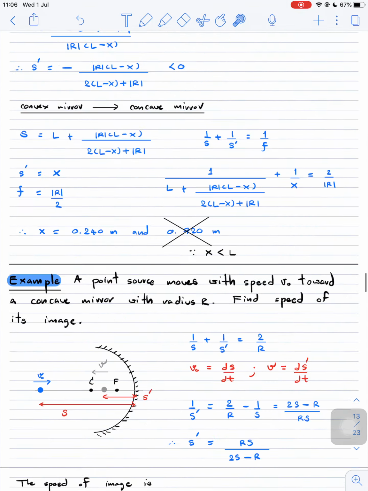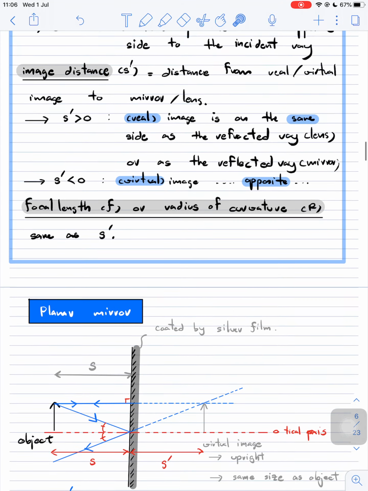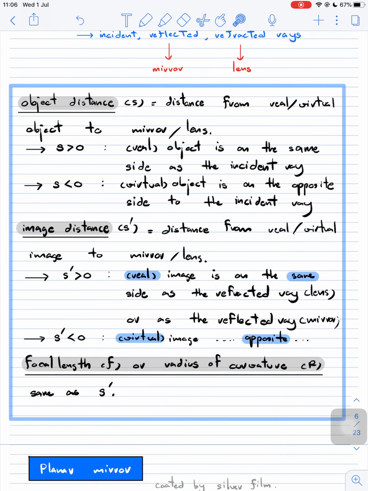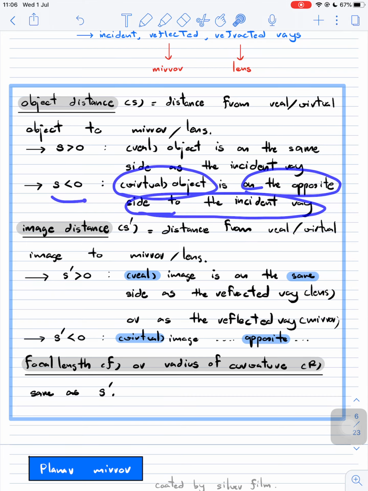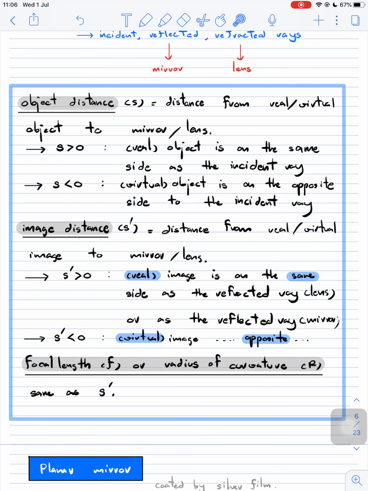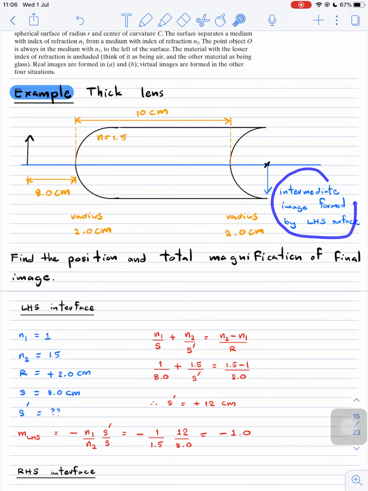So from the sign convention, we said that if the object is on the opposite side as the incident ray, it means that we have a virtual object and s is less than 0. So just be careful about this one. In this case, the image from the left hand side interface is going to be the virtual object for this interface, because the incident light comes from the left hand side, but the object is on the right hand side.